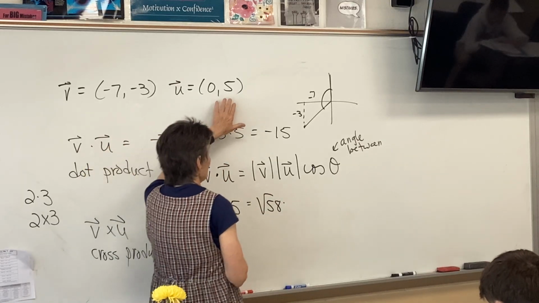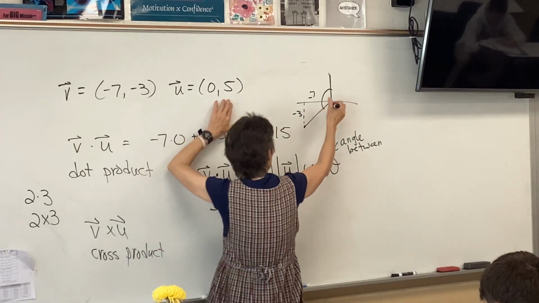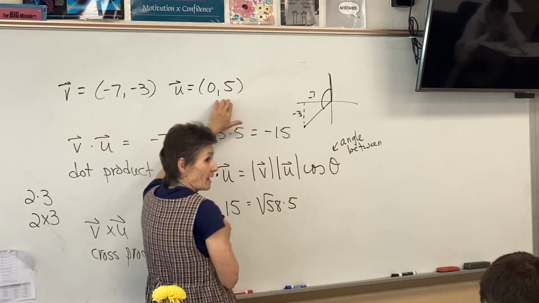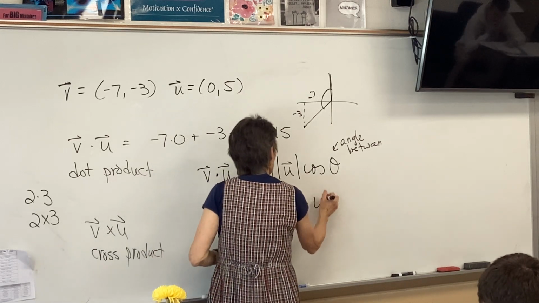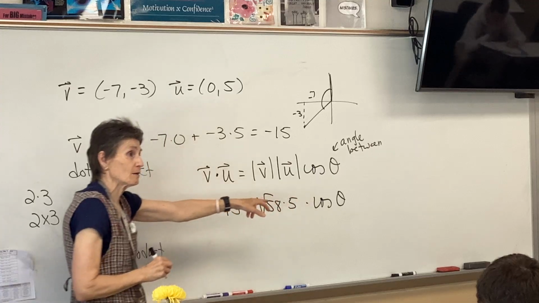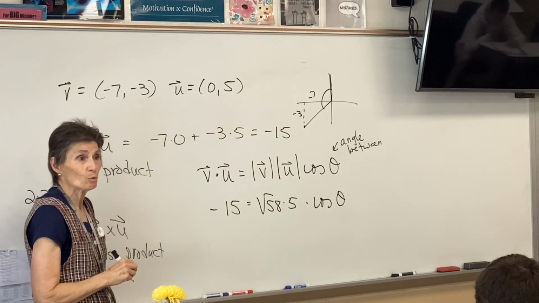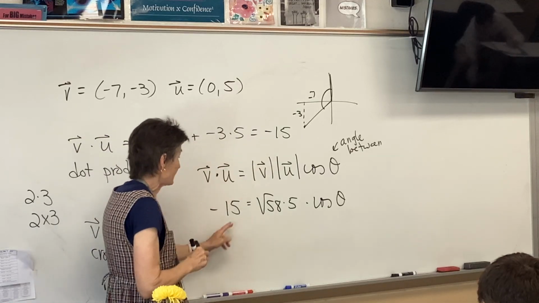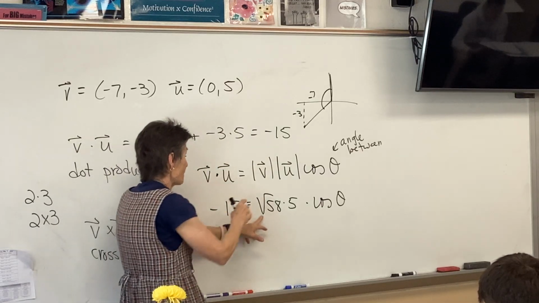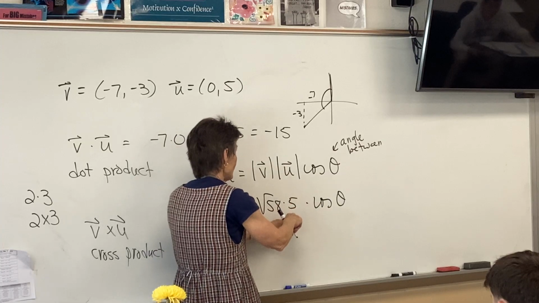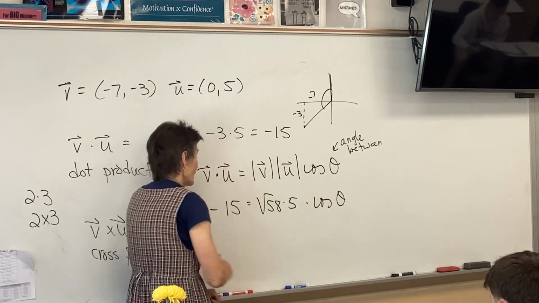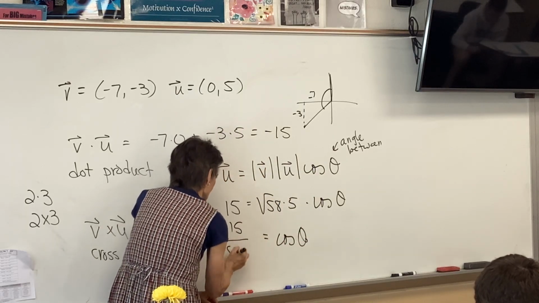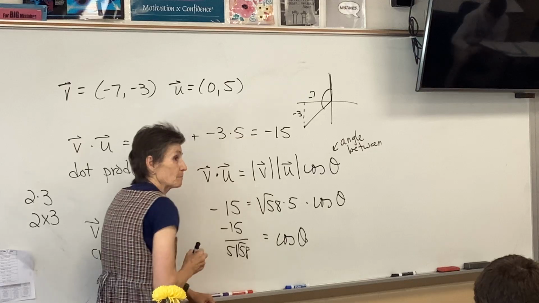And then the magnitude of U, well, that one's kind of easy because it's just straight up 5. So isn't its magnitude just 5? Times the cosine of the angle between them. And that's what we're looking for. We're looking for the angle between them. So the dot product, which we calculated, negative 15, equals magnitude times cosine. So would you agree that the cosine is negative 15 divided by 5 root 58?